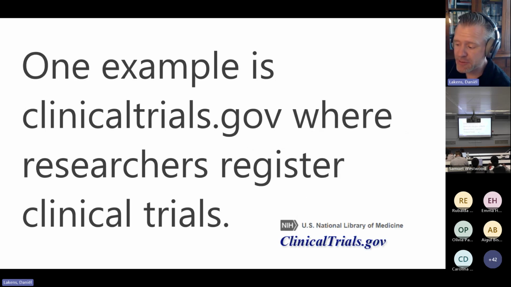Clinicaltrials.gov is a place where people can register their trial. You get this confusion between pre-registration, as we used in psychology, and registration of trials. We can do both, but the difference is pre-registration is this term that psychologists and now other fields use to say, this is my plan, how I'll test my prediction.